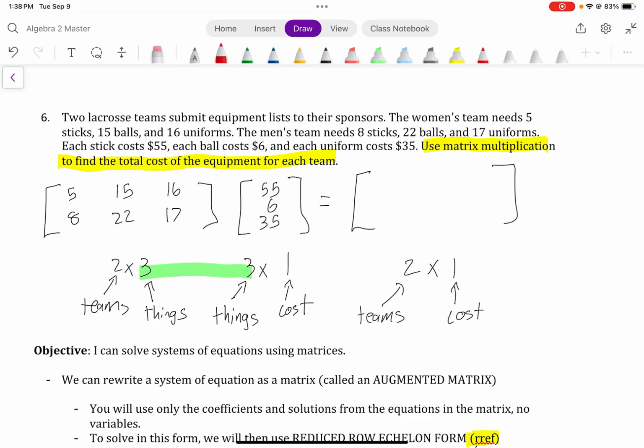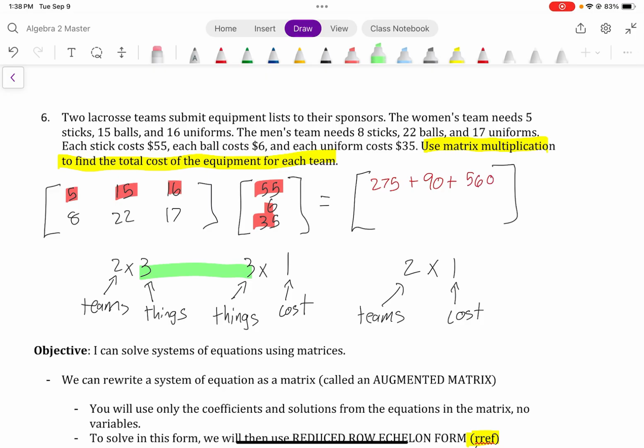But we start with 5 times 55. That's going to give us 275. And then we just add and keep going across. 15 times 6 is 90. Plus 16 times 35 is 560.